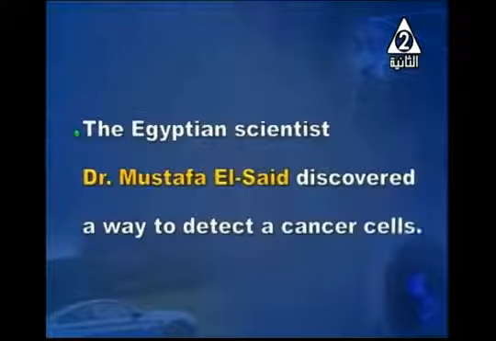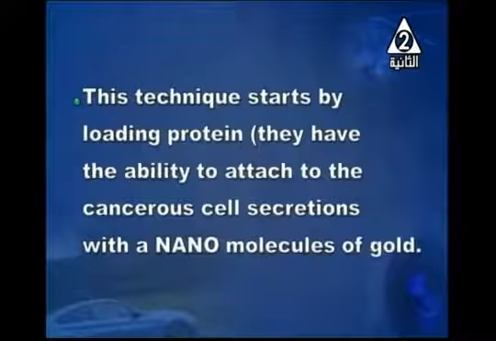The Egyptian scientist Dr. Mustafa al-Sayed discovered a way to detect the cancer cells. This technique starts by loading proteins that have the ability to attach to the cancer cell secretions with nanomolecules of gold.